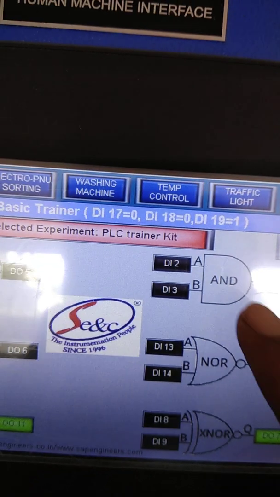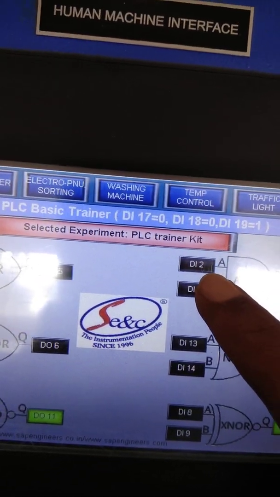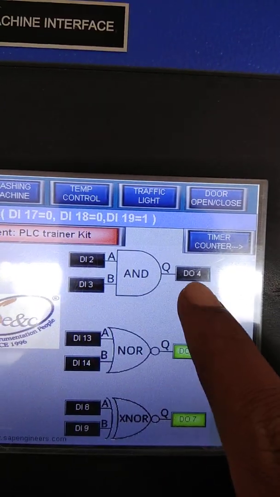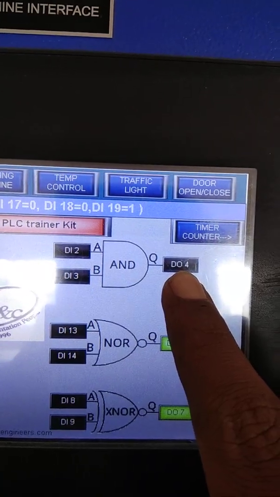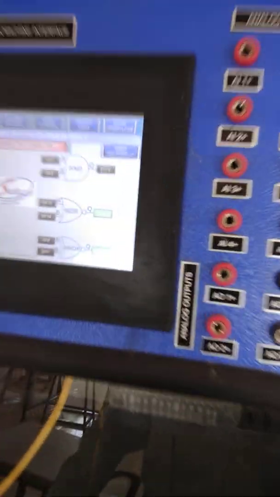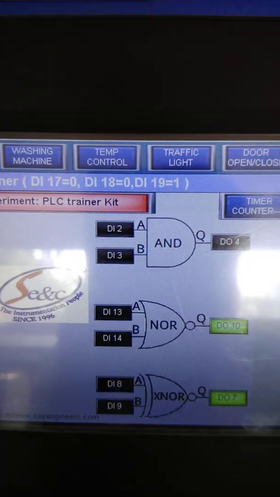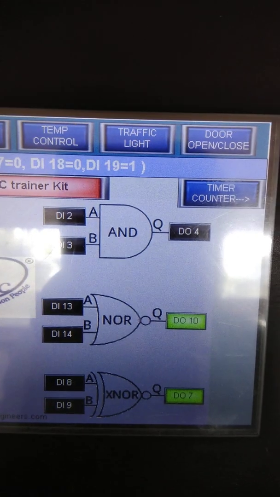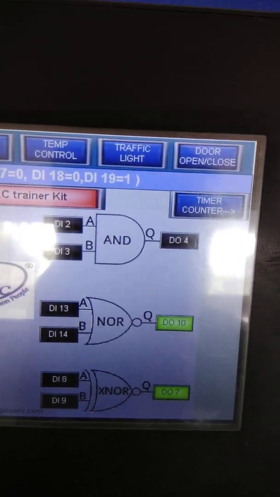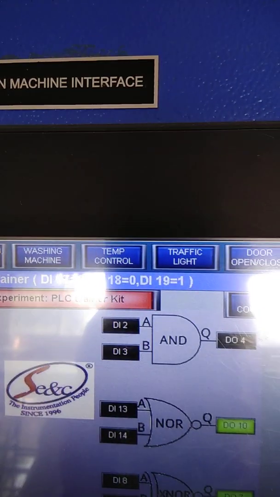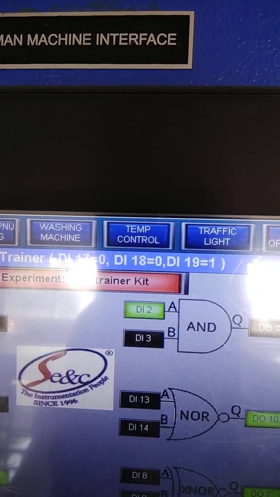Similarly, AND gate, it is having input DI2, DI3, output is DO4. So we can check these 4 conditions for AND gate. Input number 2 and 3, they are having 0 value.